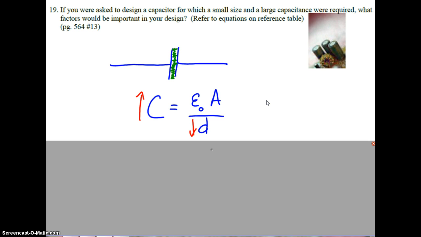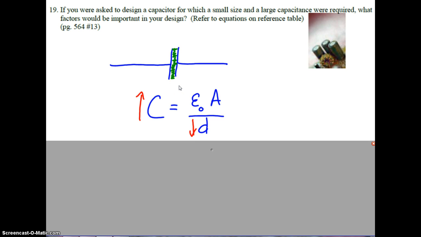However, there's another aspect here for discussion, and that is there are substances that you can put in between the plates that increase the capacitance of a capacitor. The names of those substances are called dielectrics. This is covered on page 558 of your text.